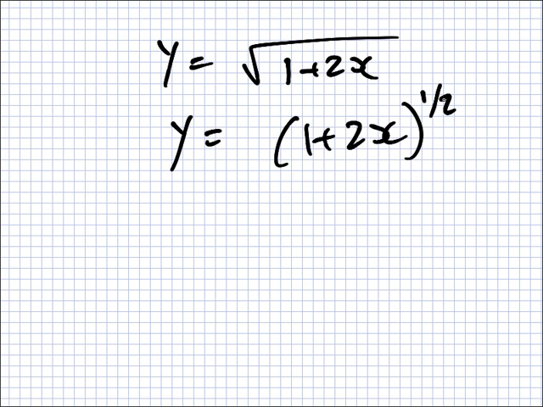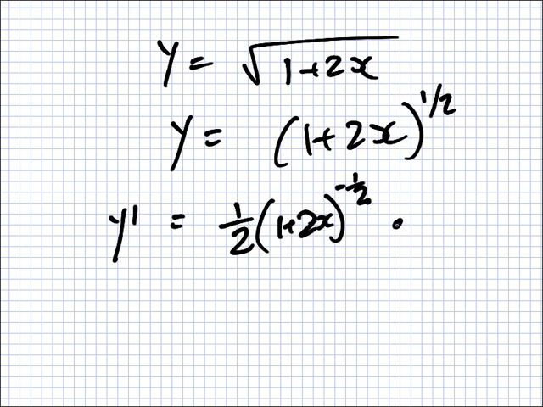Power half. So you differentiate the outside: half power minus a half, times 2.